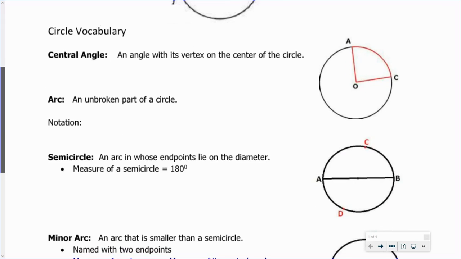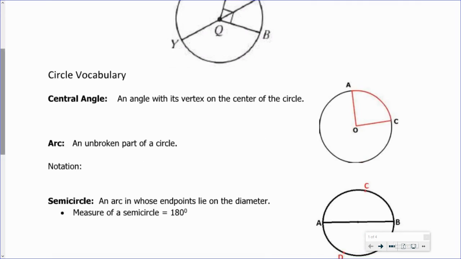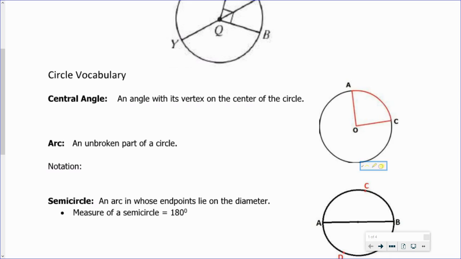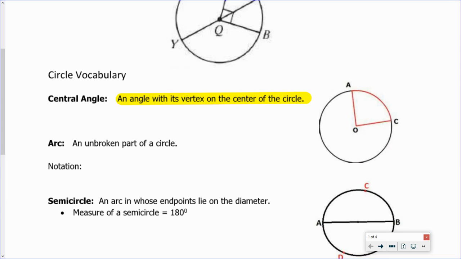All right, so to begin, I'm going to focus on this first definition that we see, and that is central angle. So a central angle is an angle with its vertex on the center of the circle. So if we look at the diagram on the right-hand side here, I'll pick a different color.